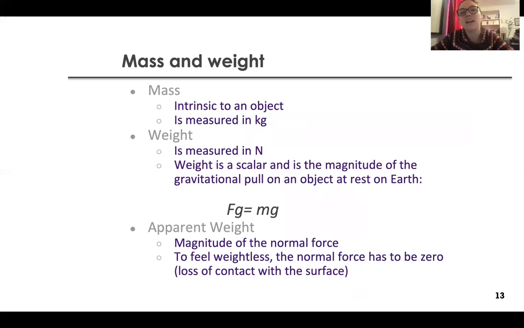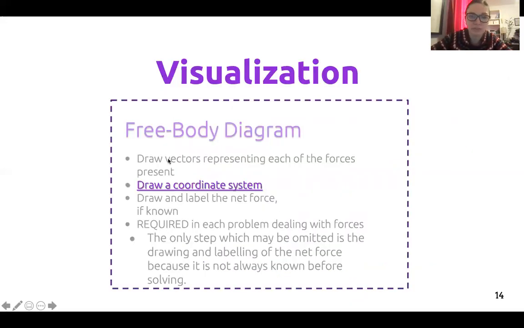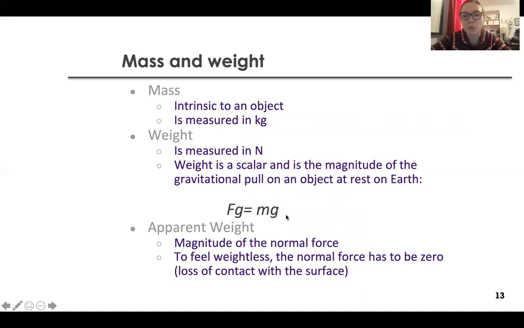Okay, so just a few little definitions, things you probably already know. Mass is intrinsic to an object, a property of an object. It's measured in kilograms. The object will have the same mass anywhere. Weight, on the other hand, is different. Weight is measured in newtons. Weight is a force, and we say that the weight is equal to the gravitational pull.